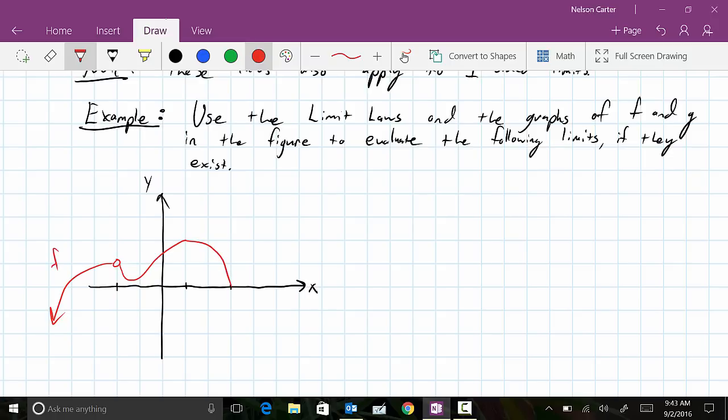All right, so this is the graph of f. Oh, and it's got one other point here. Let's see. Okay, and then the graph of g is going to look like this.